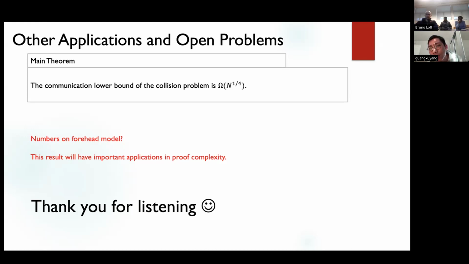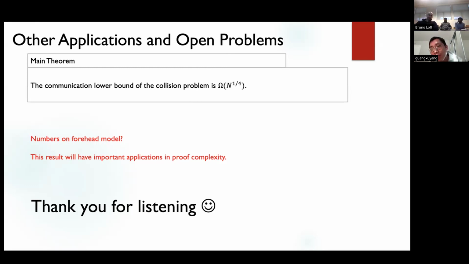Since they told me that if we can prove the collision problem in the NF model, it will get the best known bound compared to other methods. So the open question is, can we prove it in the NF model?